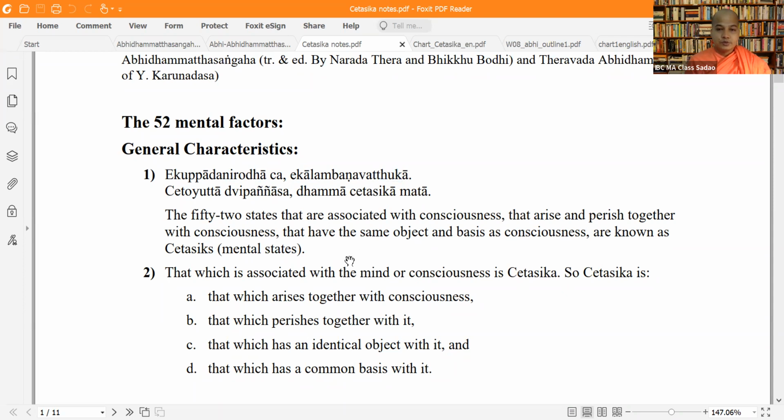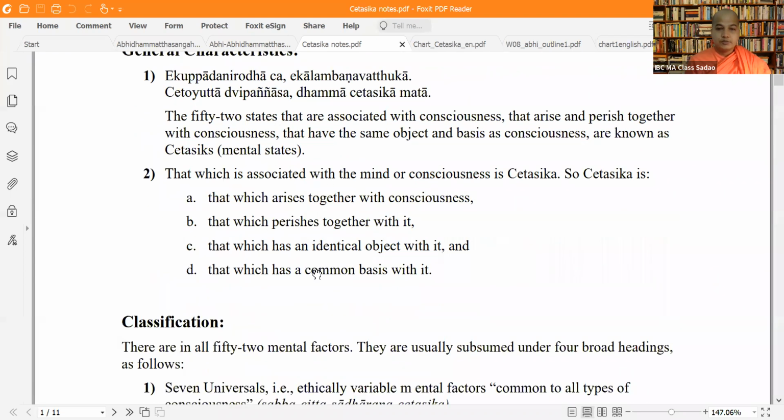So you cannot really separate them; you can have just a kind of mental analysis only. Here it is made very clear that which is associated with the mind or consciousness is Cetasika. Cetasika is that which arises together with consciousness, perishes together with it, has an identical object with it, and has a common basis with it, right?